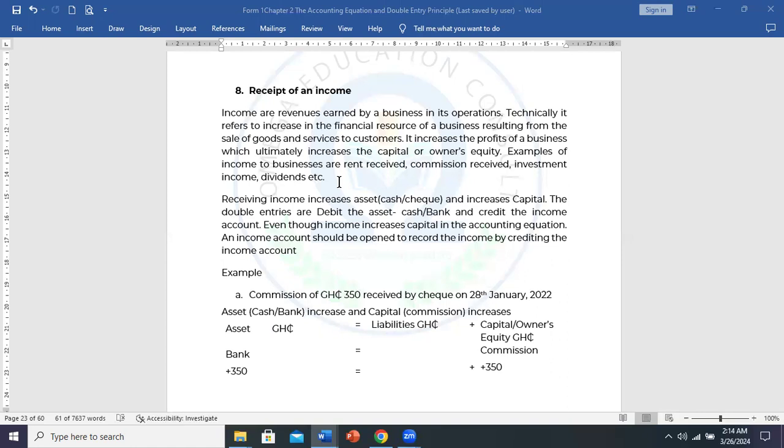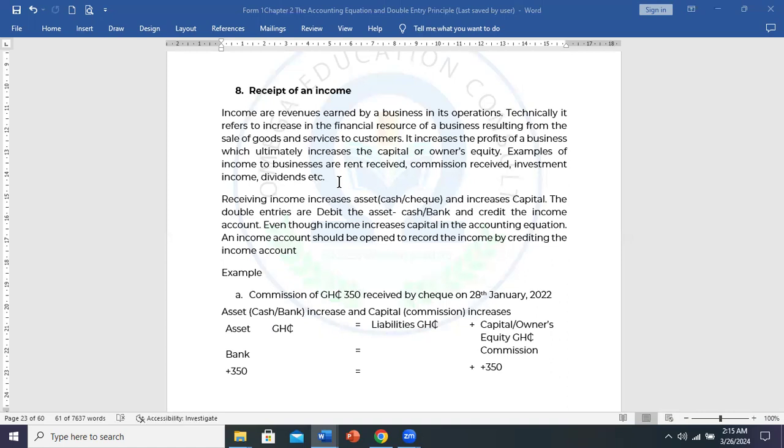So he goes to GCB and buys a treasury bill, which is a form of investment, or maybe even does a fixed deposit for which the bank will pay interest. That interest is an income to the business, as in the business is receiving some form of inflows, right?